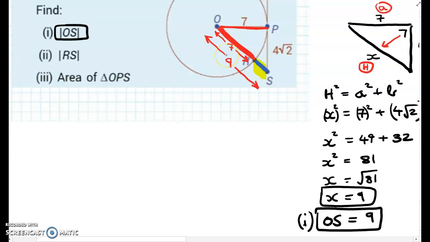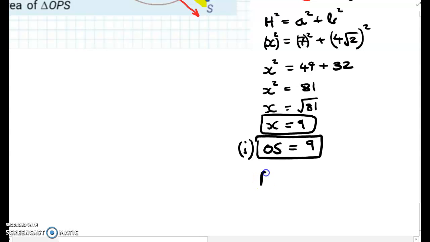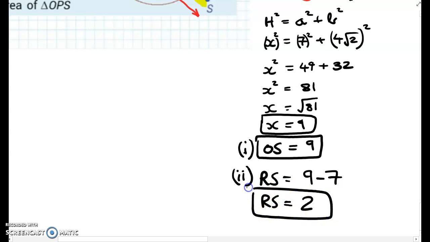And of course it would be 9 minus that bit to find out what that yellow bit is, which is RS. So RS, this is part 2. RS would be 9 minus the 7, minus the radius. So it's 2. Okay, so RS equals 2.